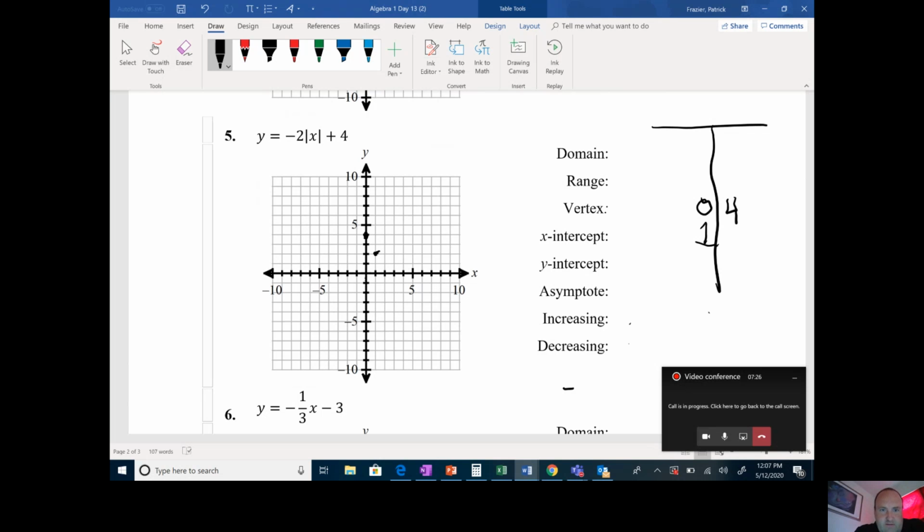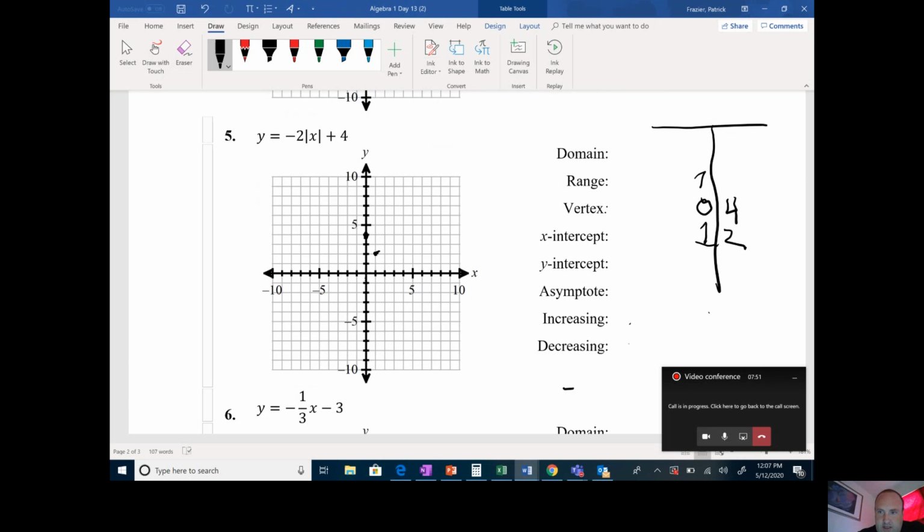Anyway, absolute value of 1 is 1. 1 times -2, because that's outside the absolute value, so we're not constrained by saying, oh, it's the absolute value. No, it's just -2. -2 times 1 is -2. -2 plus 4 is the same thing as 4 minus 2, which is 2. And that's exactly what we have here, where x equals 1, y equals 2.